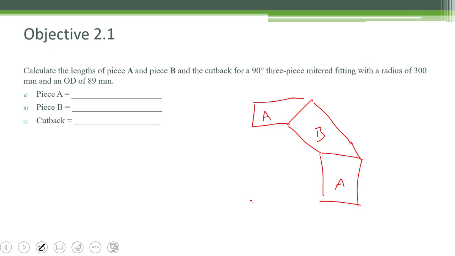And we're told that this distance is 300 millimeters, 300. And the outside diameter is 89 mil. Okay, so first thing we got to do is we got to figure out our miter angle. So it'll be this. That's what we're trying to figure out.